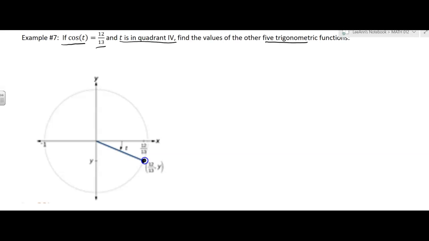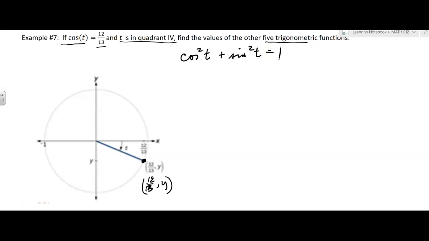Okay, so this point here is 12 over 13 for x, and then we don't know what y is. Okay, so we do know the cosine now. So cosine squared t plus sine squared t is equal to 1.